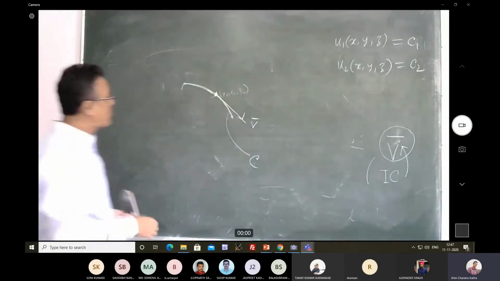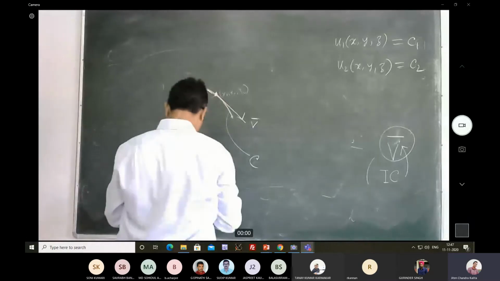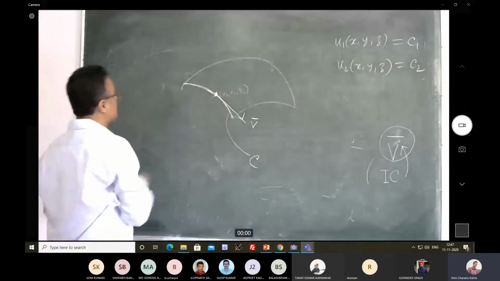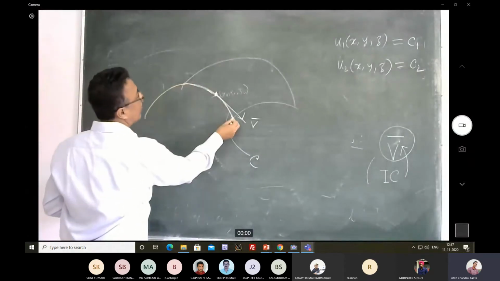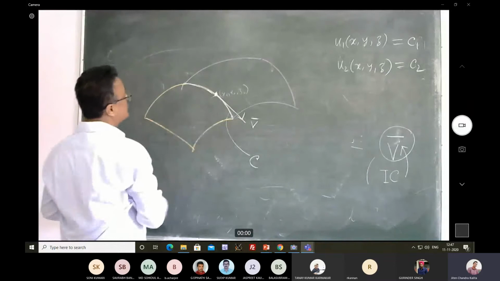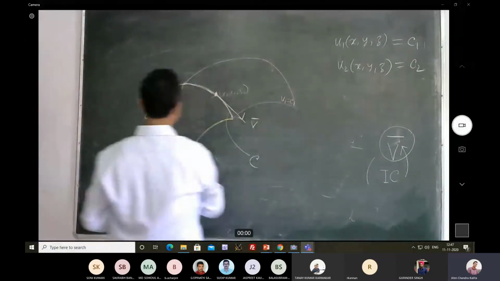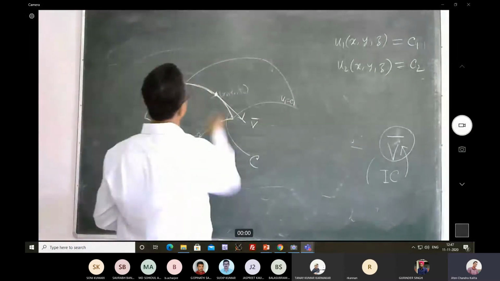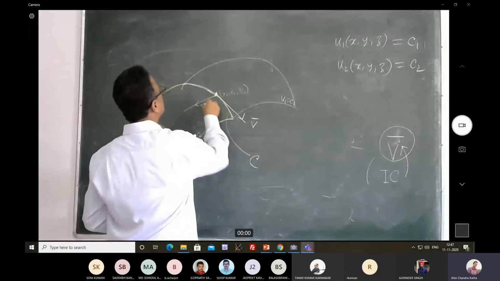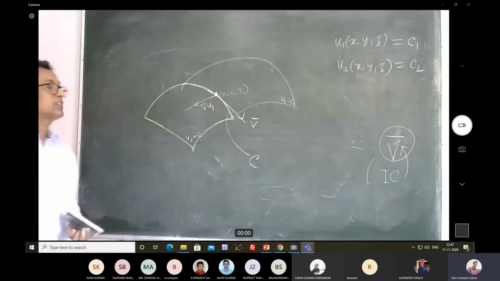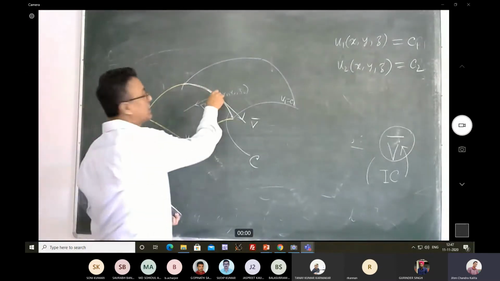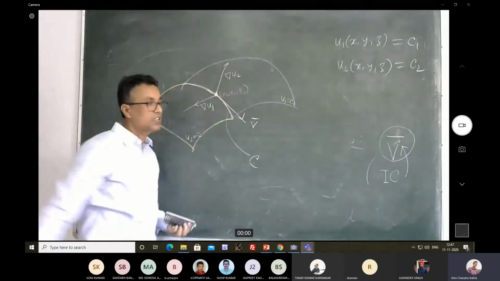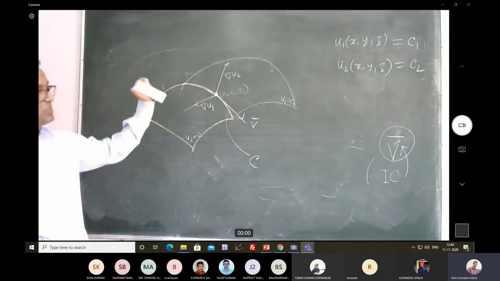Now suppose this C is nothing but the curve of intersection of the surfaces u1 equal to c1 and u2 equal to c2. So then what must happen? If I draw a normal, given by grad u1 at this point, and another normal, grad u2, at this point, you are getting my point, right?